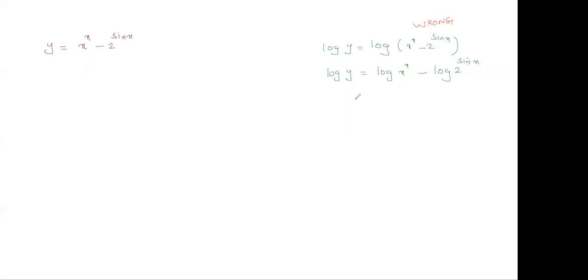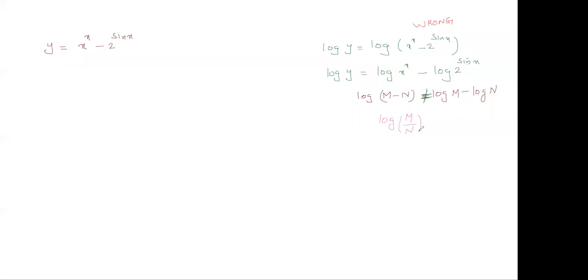So basically the mistake I made there is that logarithm of a difference is equal to the difference of the logarithms. There is no such result. It is actually the logarithm of a quotient: logarithm of m upon n.